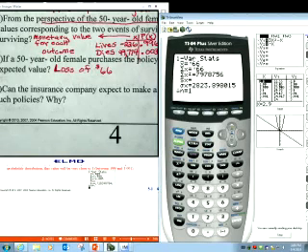Absolutely. The probability that an 18-year-old will crash versus the probability that a 30-year-old will crash. And that's why insurance is cheaper when you're 30. Exactly the same thing: the probability that you don't go to the doctor versus the probability that you do.